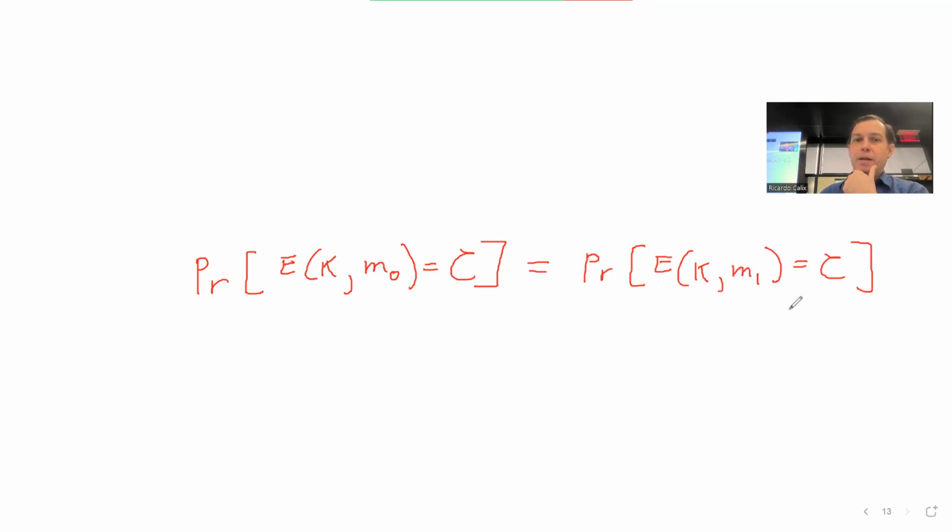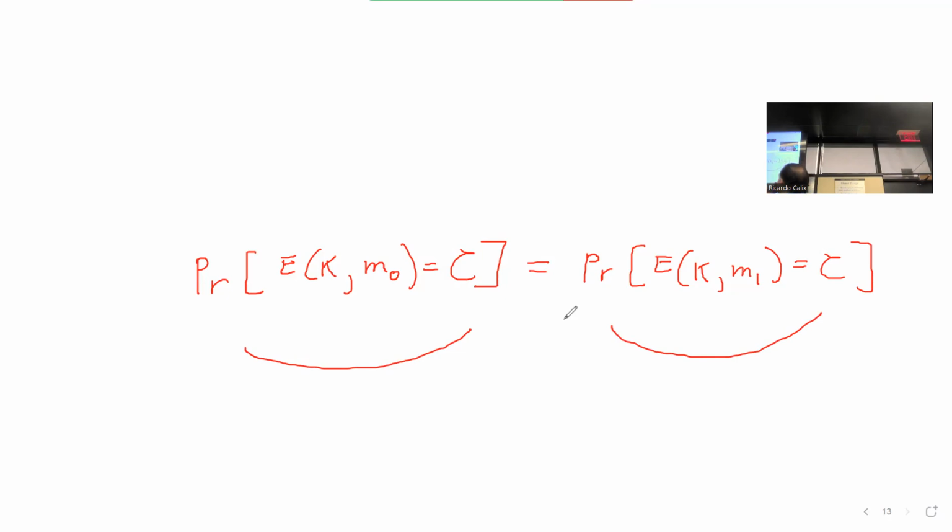For those of you that really love algebra, don't try to move the letters. This is not algebra. This is a comparison of one probability to another probability. We're comparing this one to this one, and it's saying that they should be equal. That's really important. What do you think it means?